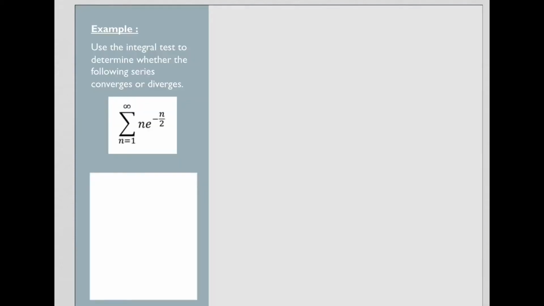Let's then use the integral test to determine whether the following series converges or diverges. I have the infinite series n equals 1 to infinity of n times e to the negative n over 2. Let's write down that series, and then let's also write a corresponding function for that series.